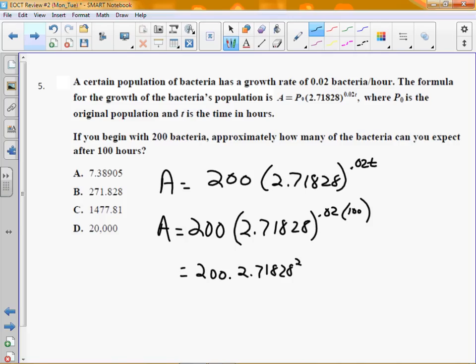How would you do this without a little circumflex up here, or without a y to the x button? How would you do that right there? Nobody? Yeah, you multiply it by itself. If you multiply it by itself, that's like squaring something. And then times it by 200, and it gives you, what's that say, C?